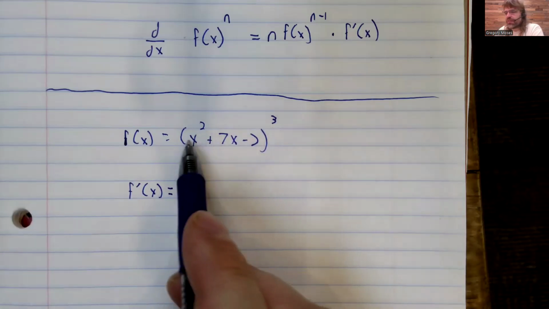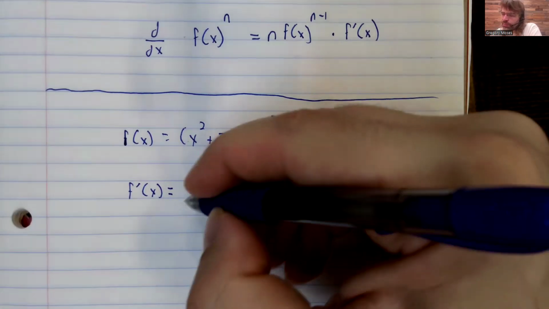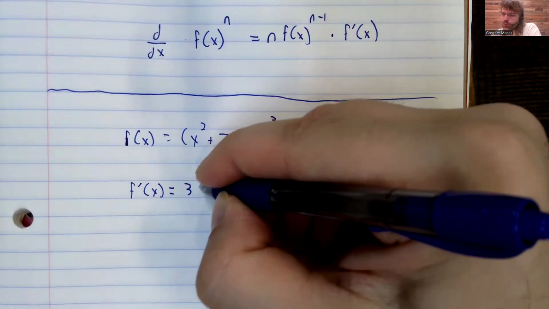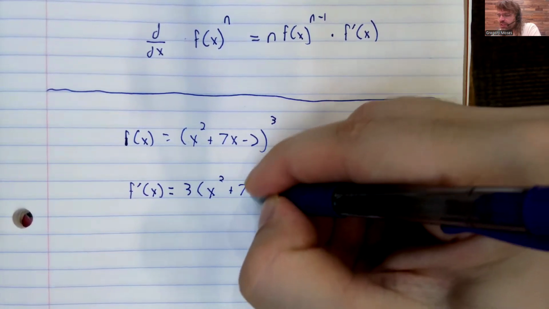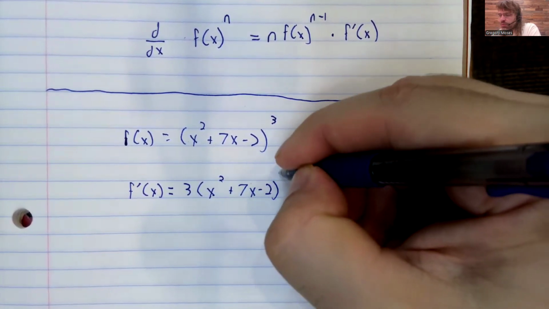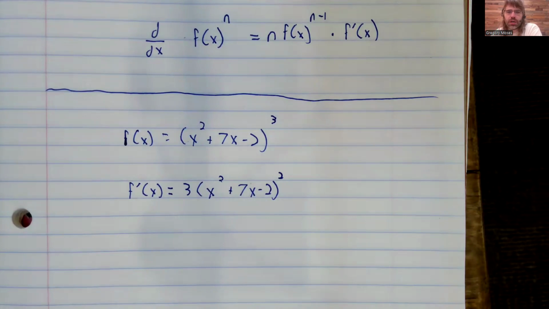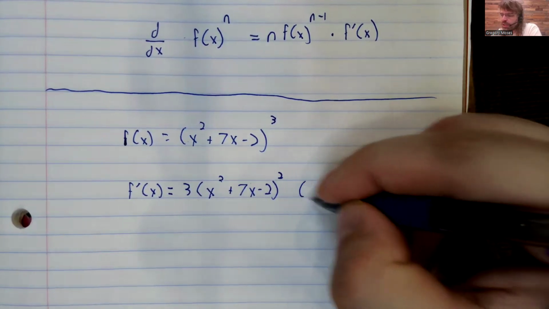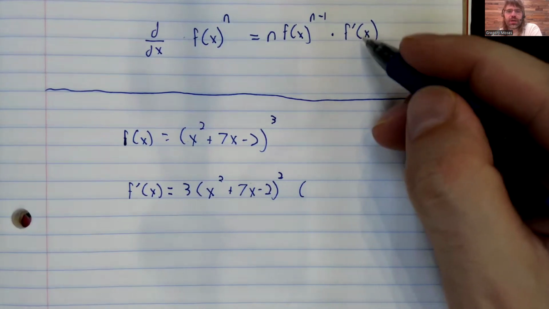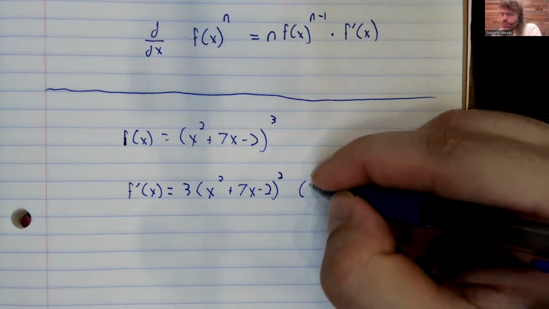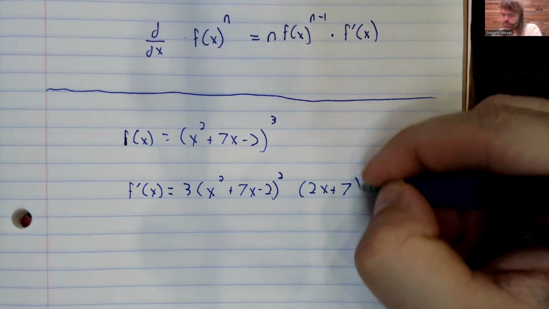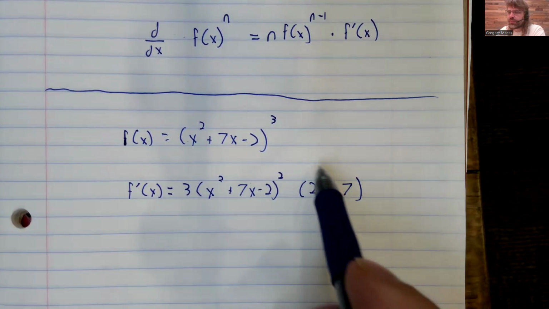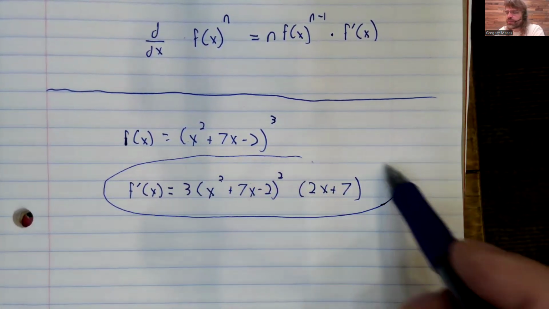You say, well, we have a function raised to a power. We use the power rule, essentially. We leave this quadratic alone. We reduce the power by 1. So we're just using the power rule. And then we multiply by the derivative of this quadratic, 2x plus 7. And there's the derivative.